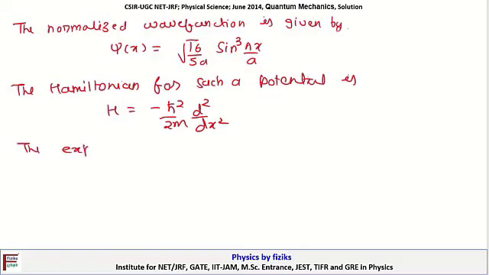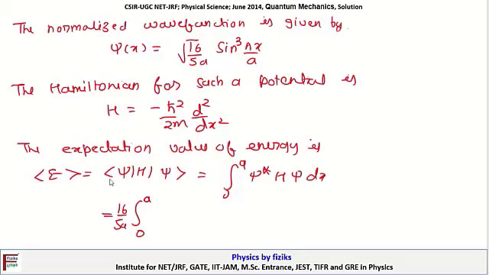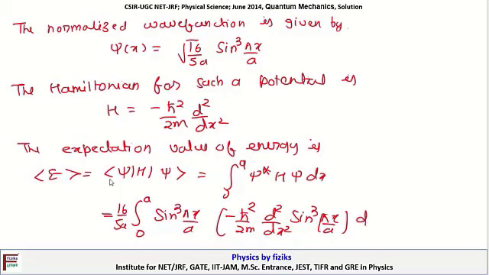The expectation value of energy is E is equal to the inner product of psi with H psi, equal to integral 0 to a psi star H psi dx, which is equal to 16 by 5a, integral 0 to a sin cube pi x by a times minus h square by twice m d square by dx square of sin cube pi x by a dx.